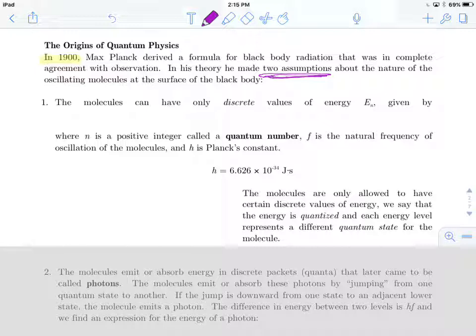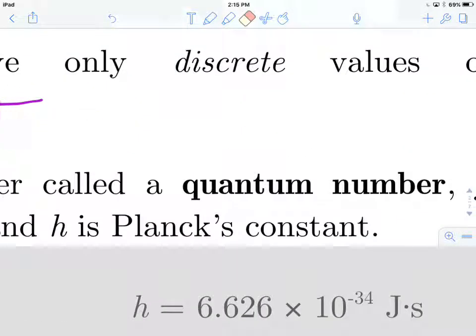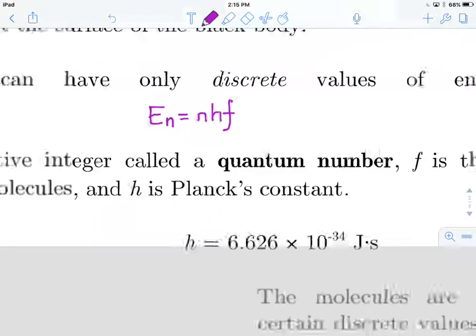So here's his assumption. First of all, the molecules that are in the black body can only have discrete values of energy, right? And those energies are given by E sub n. E sub n is equal to n times h times f.